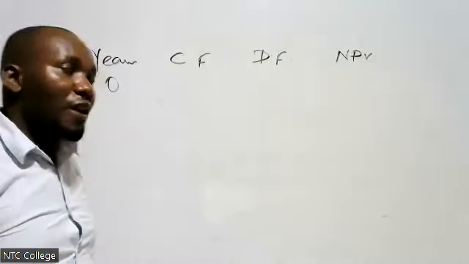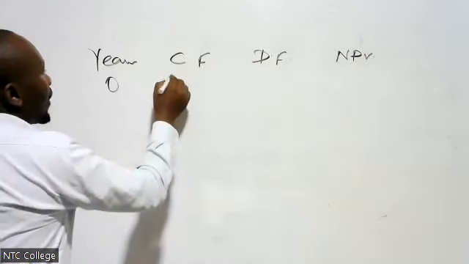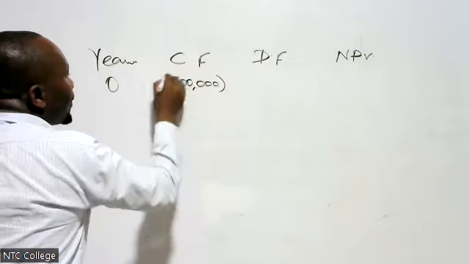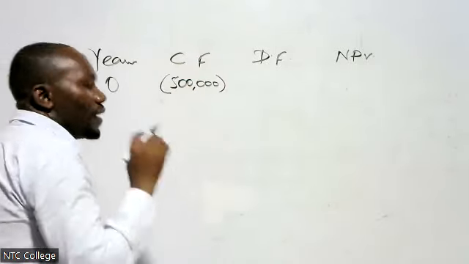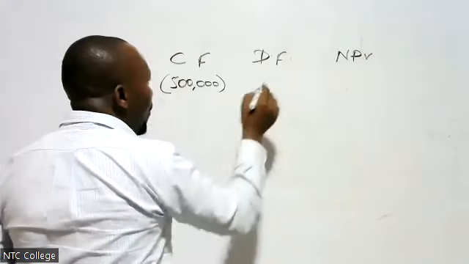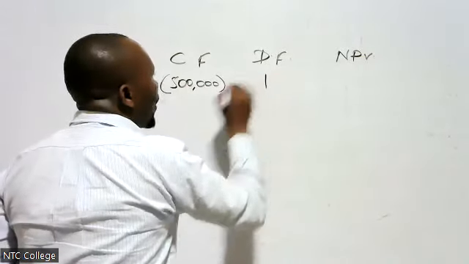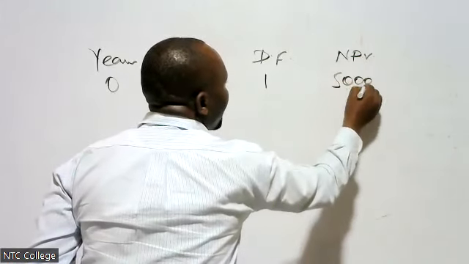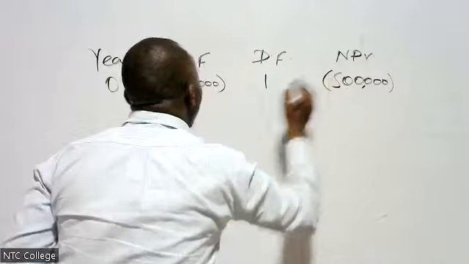So in year zero, you spend 500,000, right? The cash flow was money going out. In year zero, discounting factor is normally 1, because a number raised to power 0 is normally 1. So the NPV here, you put that figure the way it is.